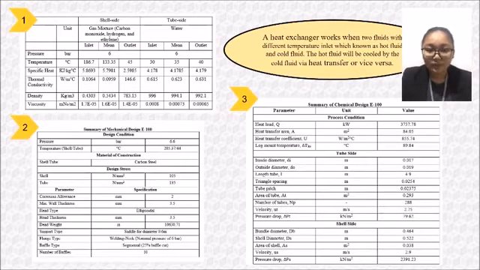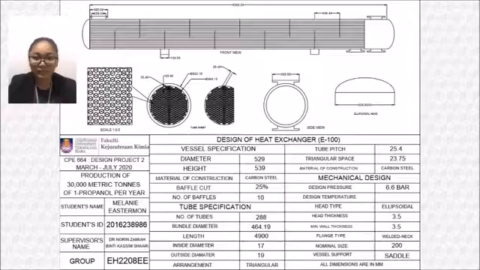The pressure drop for the tube side is 76 kilonewton per meter square, and for the shell side, the shell diameter is 0.522 meter, and the pressure drop is 2391 kilonewton per meter square. And this is the drawing of the heat exchanger.